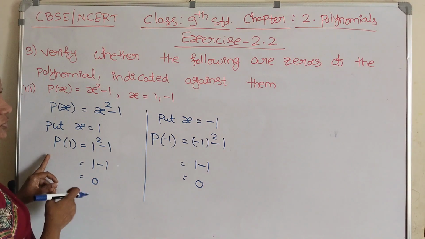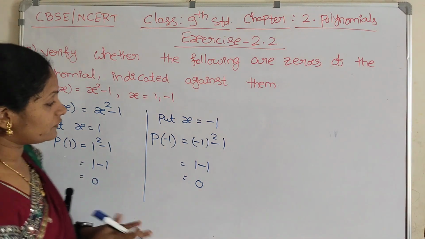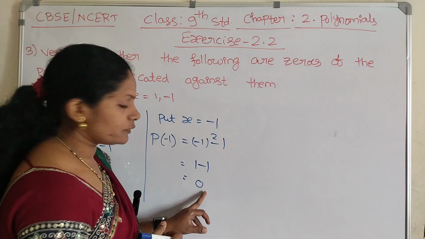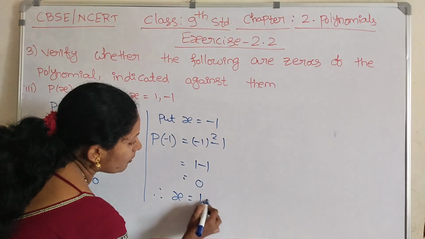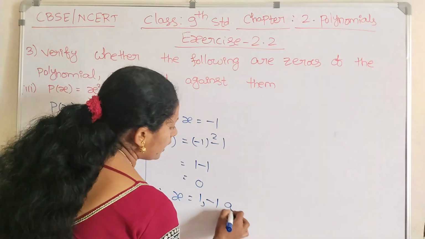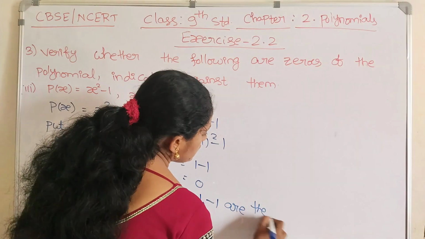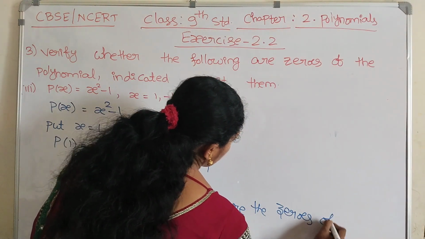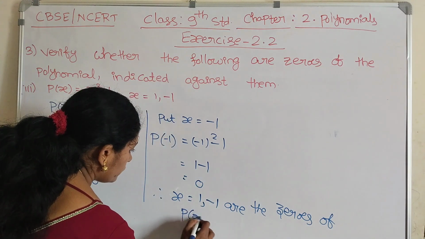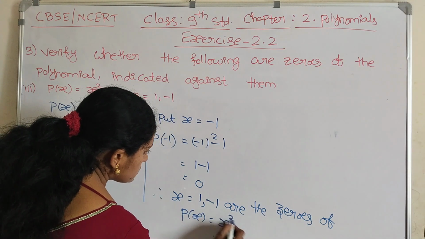Now, if we substitute 1, we got 0. If we substitute -1, we also got 0. Therefore, x = 1, -1 are the zeros of P(x) = x² - 1.